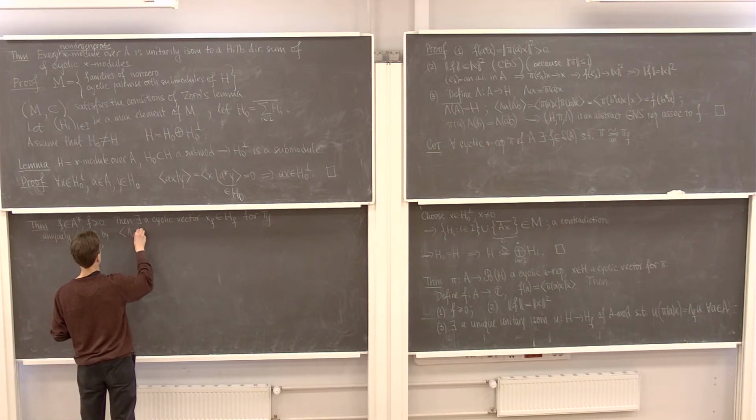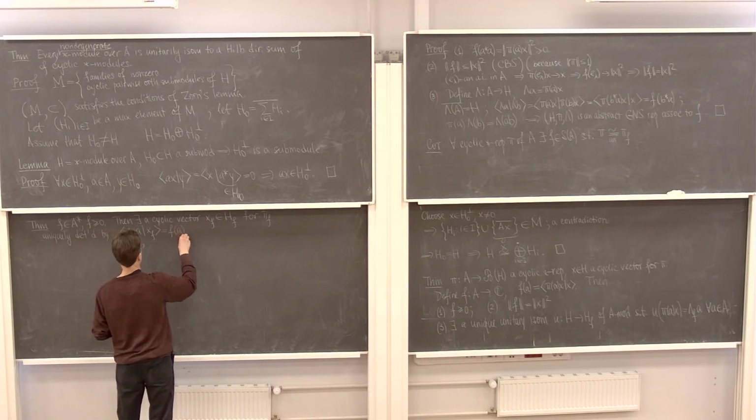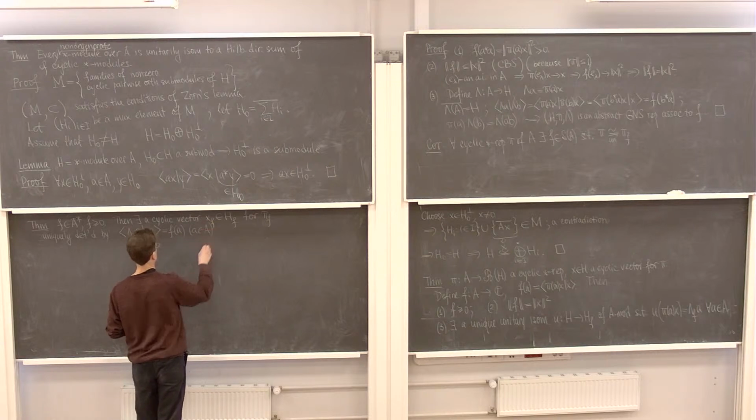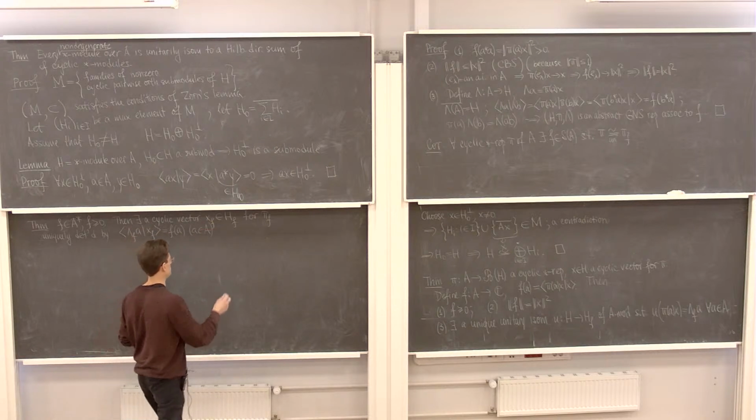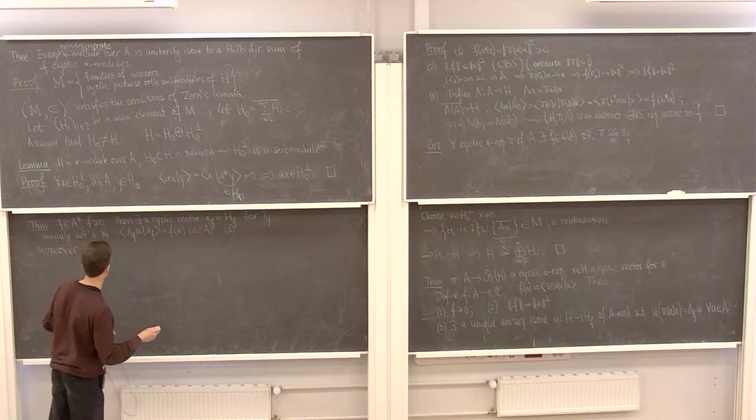The inner product of lambda f of A and xf is equal to f of A for every A. Let it be equality number 1. And moreover, we have the following.